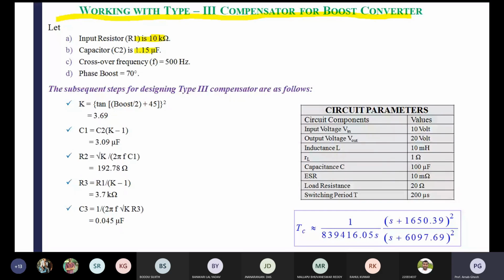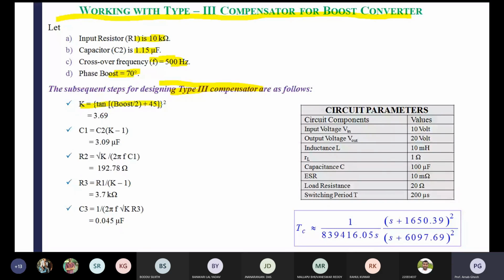You can calculate the K value using tan squared of boost by 2 plus 45.